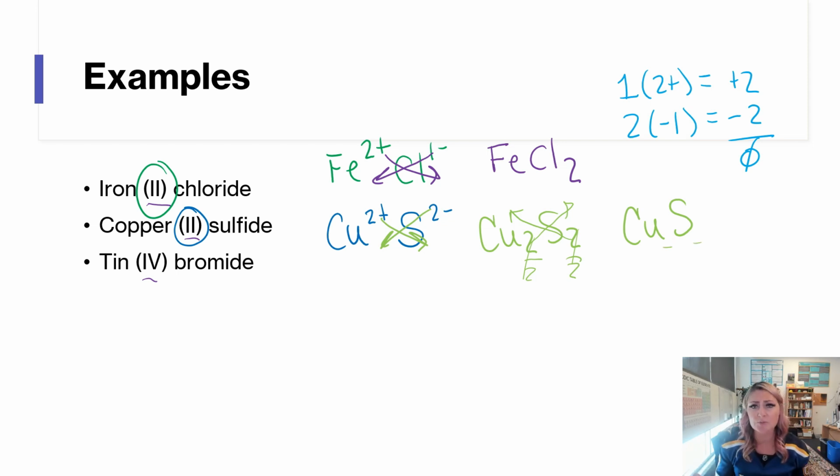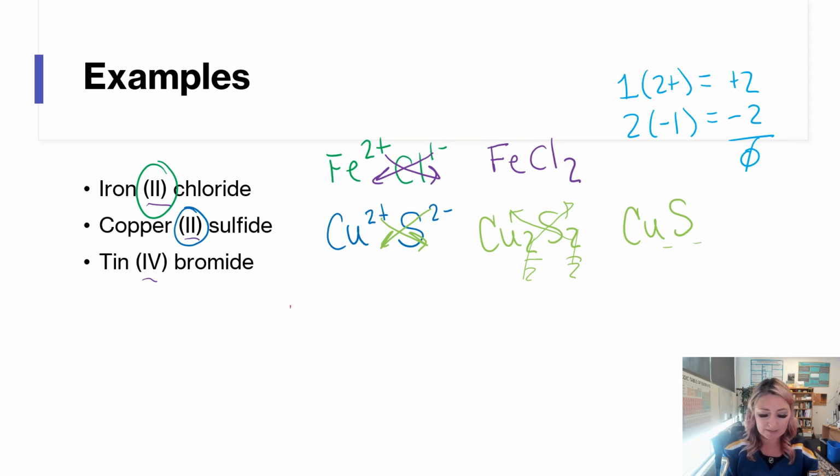If I were to reverse what was there, I would think that I have copper 1 and that sulfur has a -1 charge. Don't do it. Always go to the math. Always check the charges and double check that they're canceling to 0, and that's because we reduce. Never reverse a drop and swap. It's one direction, one way. Do not enter.